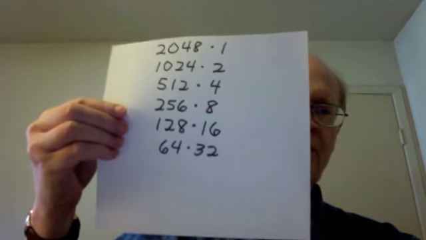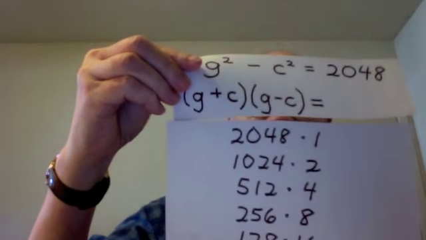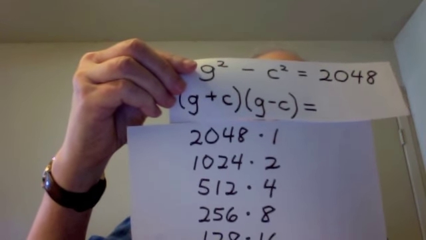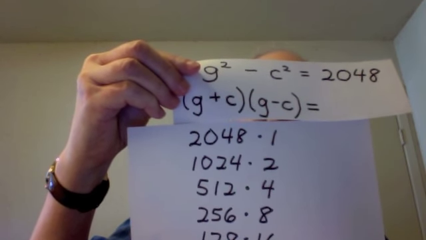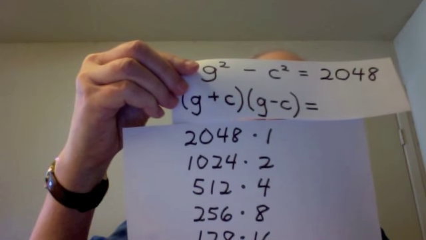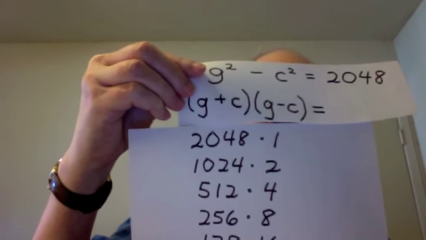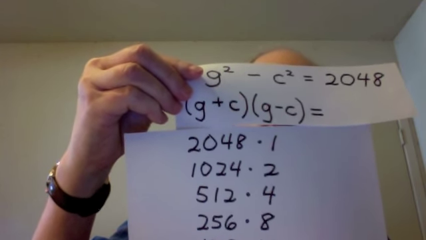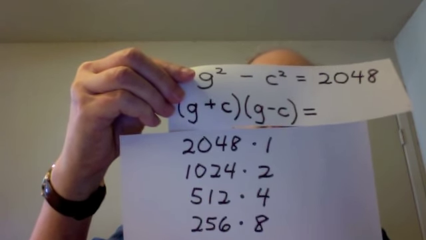And so we have G plus C times G minus C can equal any of these pairs of factors. And that suggests setting the larger G plus C equal to the larger factor and the smaller G minus C equal to the smaller factor, and try to get some possible solutions out of that.